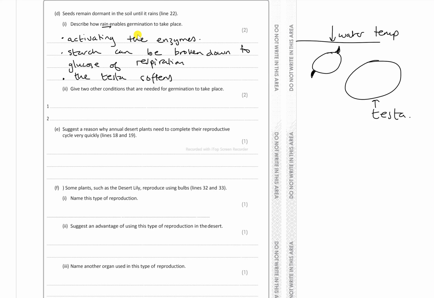What are the conditions? So you've got water, we need heat, temperature, we need oxygen for aerobic respiration, and then light or sunlight.